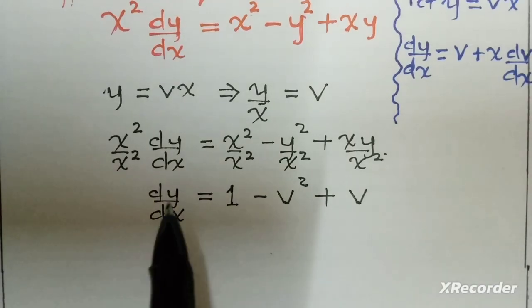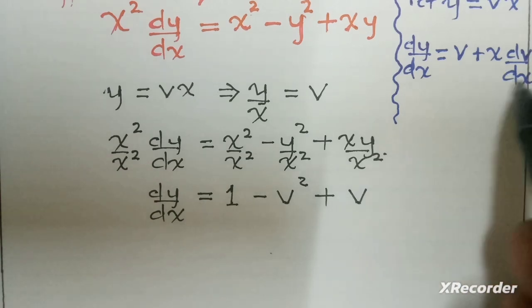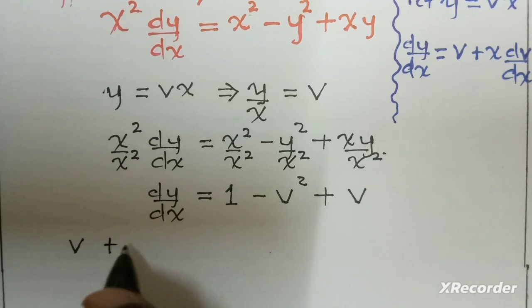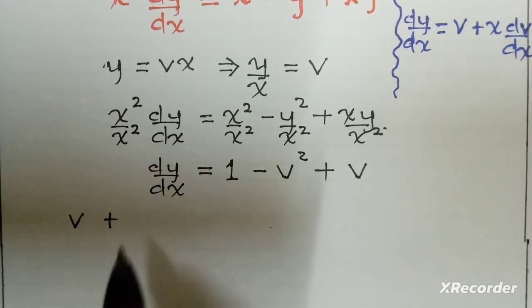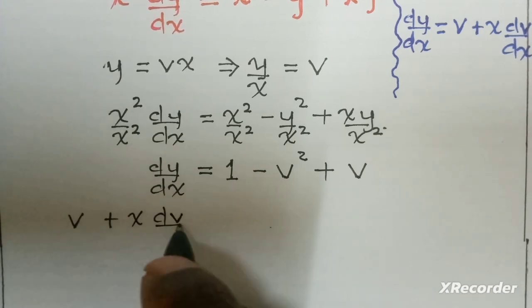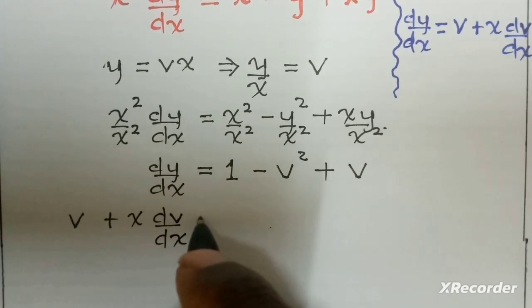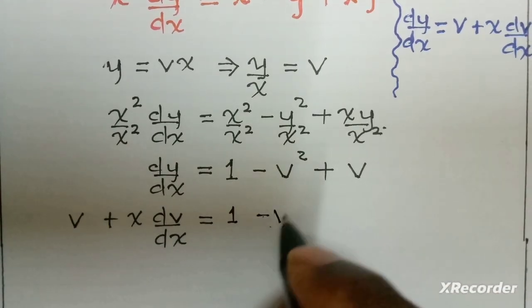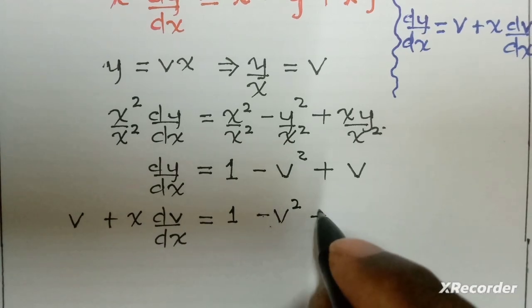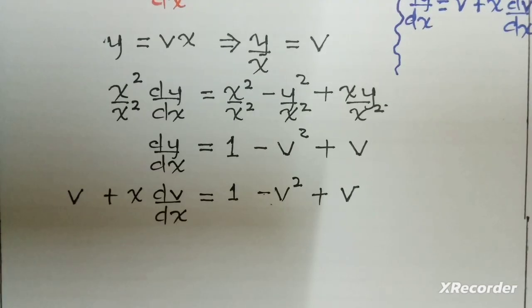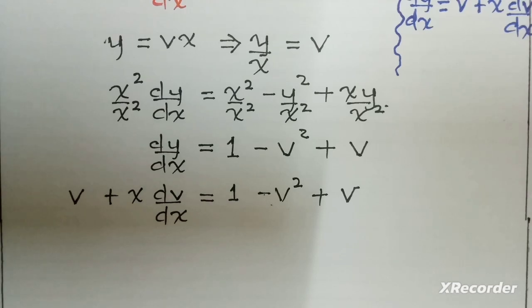We can now replace dy dx with this, so we shall have v plus x dv over dx. This one now gives us this equation, 1 minus v squared plus v, like that. Now we can solve that equation guys by separating variables, and this is how we do it.